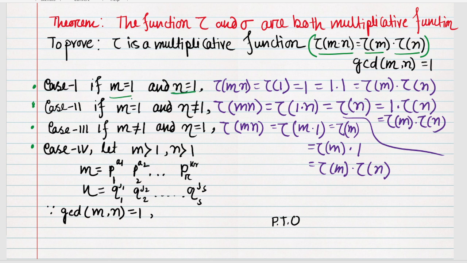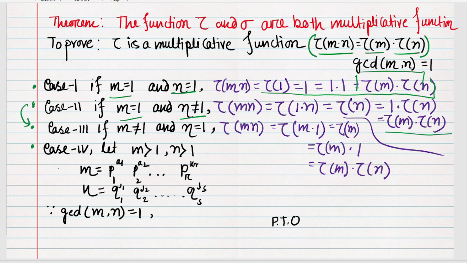So what will be tau of mn? It equals tau of 1. We can easily show that tau of mn equals tau of m times tau of n. Similarly for m equals 1 and n not equal to 1, we can show that tau of mn equals tau of m dot tau of n. And similarly, as in case 2, we can also show case 3.